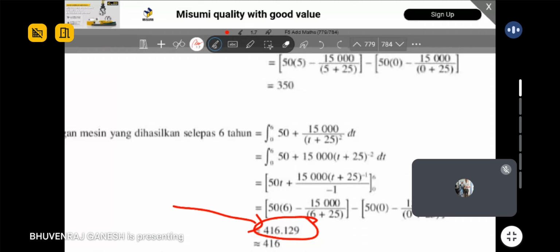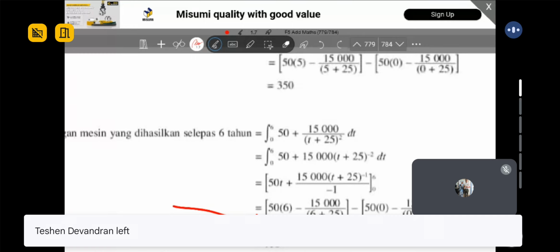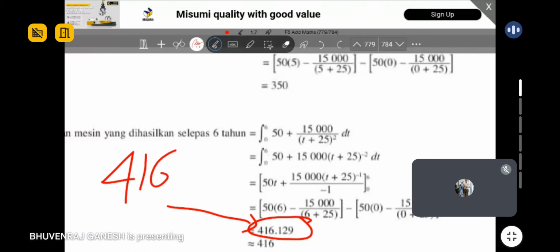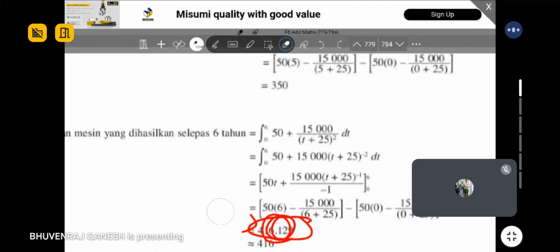Is this a logical answer, guys, for number of machine? Definitely no lah. So means that you must round off. Bundarkan kepada jawapan terdekat. So which one? 416, because 416.1. The 0.1, you can actually round off to the nearest integer, which is 416.